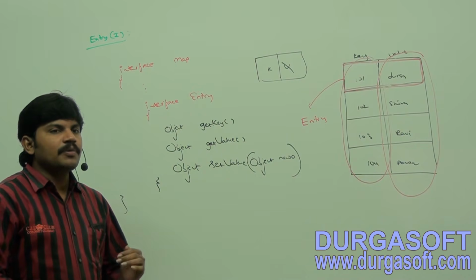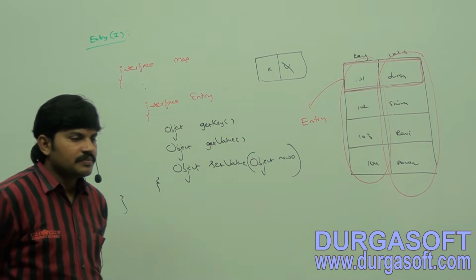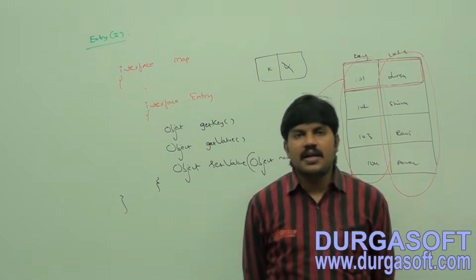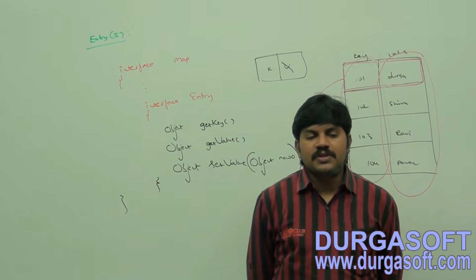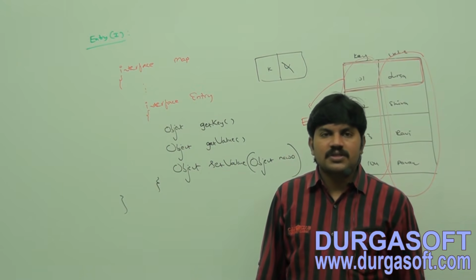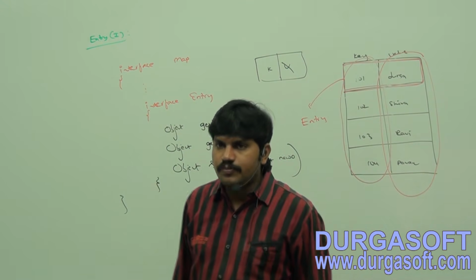Hence, a Map is considered as a collection of entry objects.